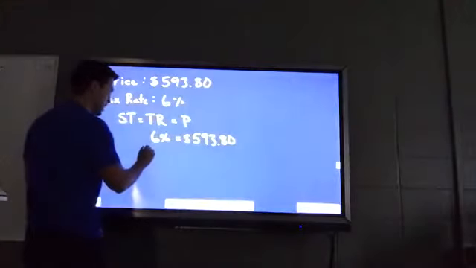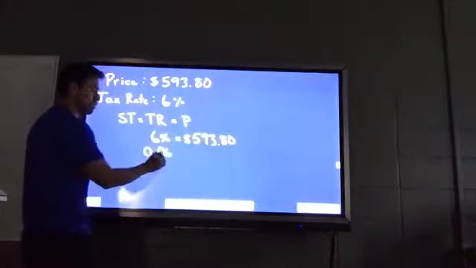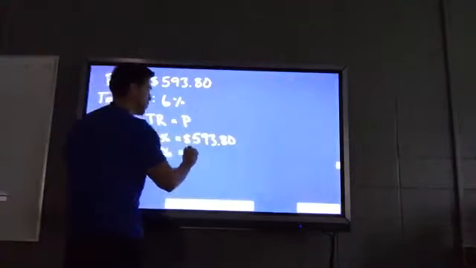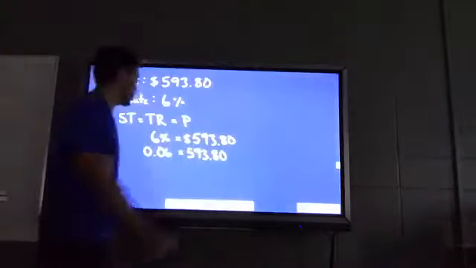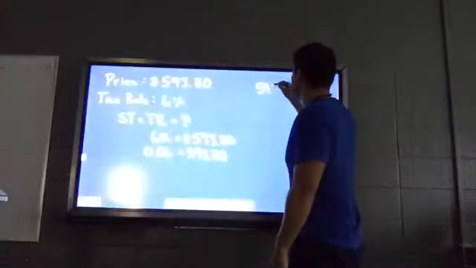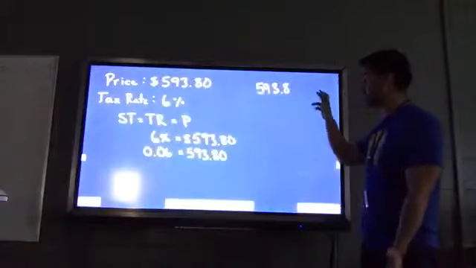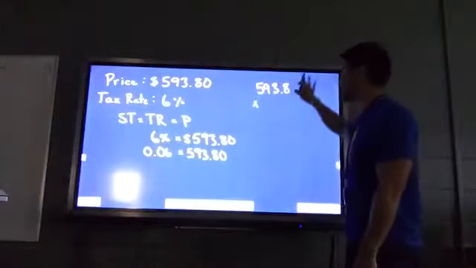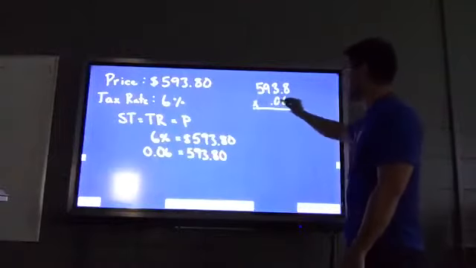Okay, but here we have, if I moved it twice to the left, I get 0.06 times 593.80, and then I'm actually going to work that out. So let's see what you guys got. Hopefully we match up. 593.8. I'm going to drop that 0 because I don't need to use it to multiply when it's on the right. 0.06. Notice I did not drop that 0.